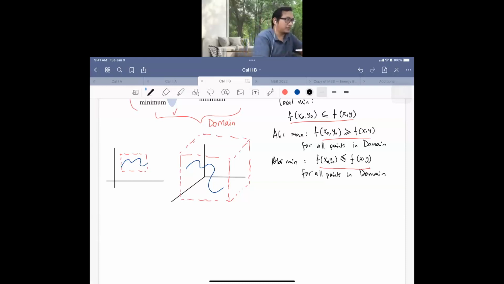Okay, so this we call the bounded sets, or the boundary, to restrict our function.